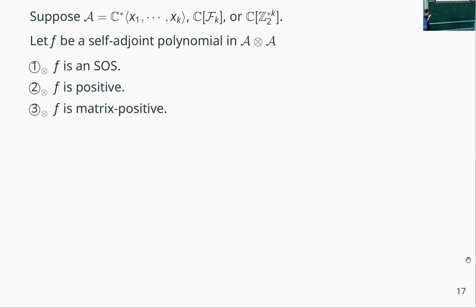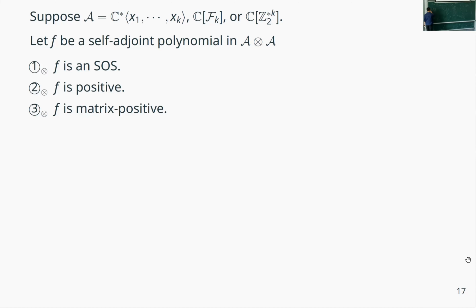So for the matrix positive case, if you are given a polynomial, say maybe x1 tensor y2, something like that, there are two ways to plug in matrices or operators.